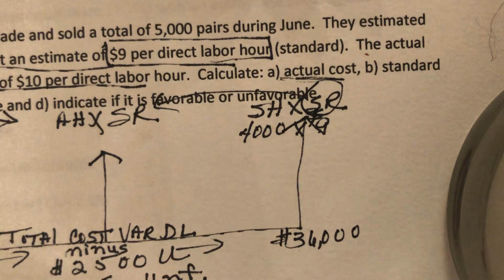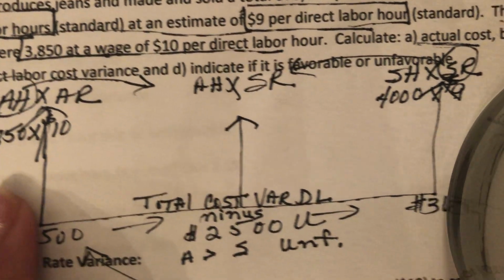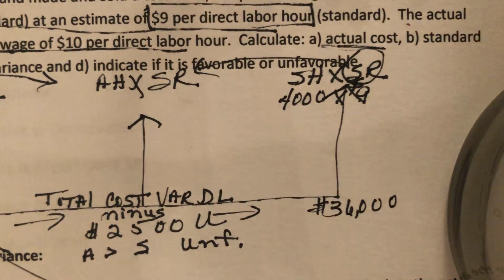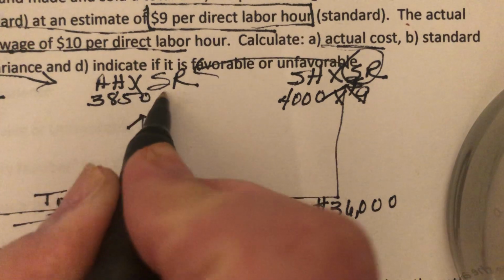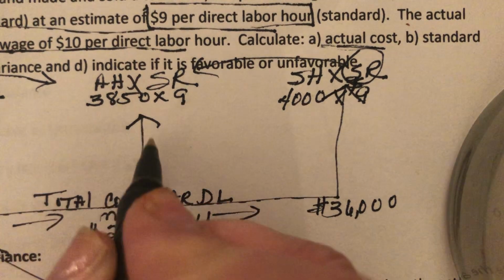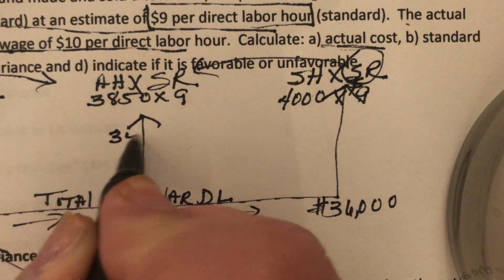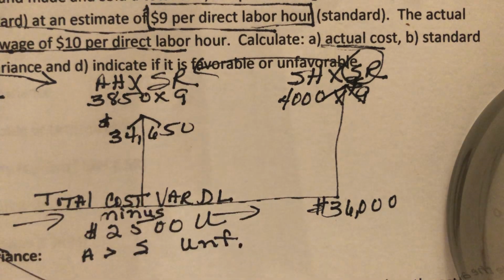In this case, actual hours was 3,850. Standard rate was $9. That's what we budgeted. So actual hours times the $9 would give you an amount of $34,650. So that's that middle number.